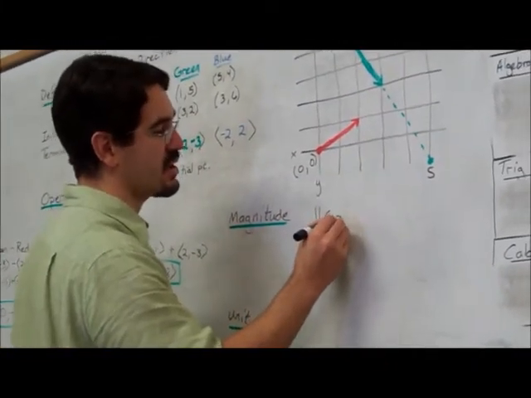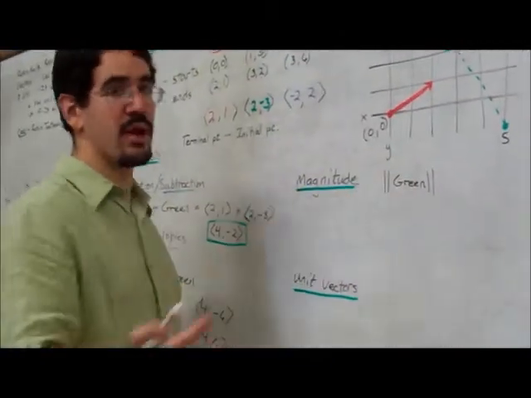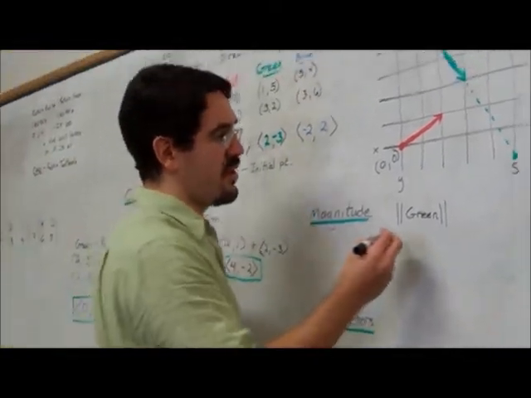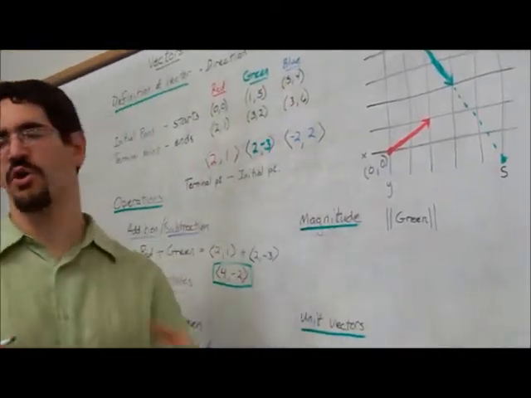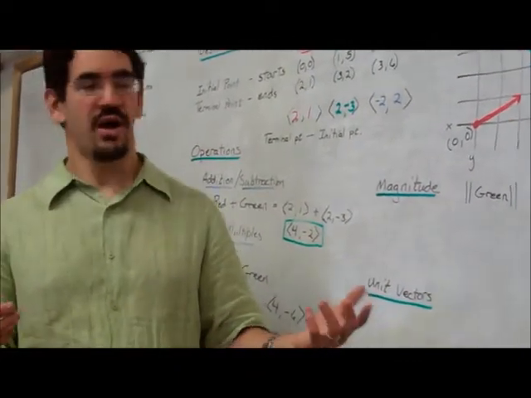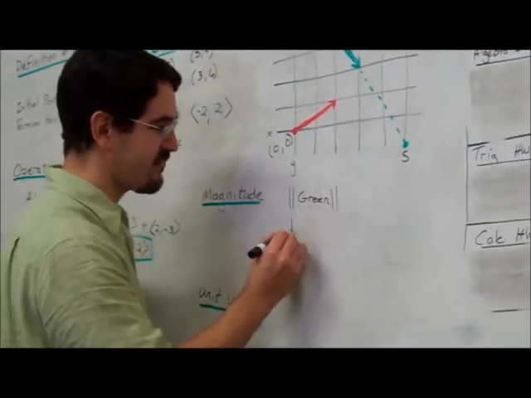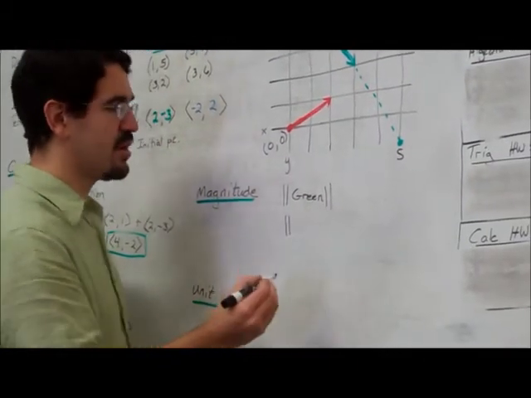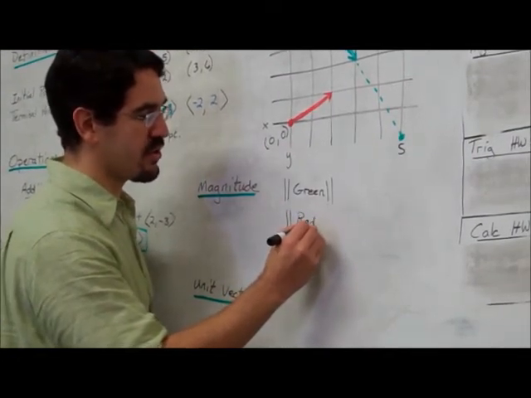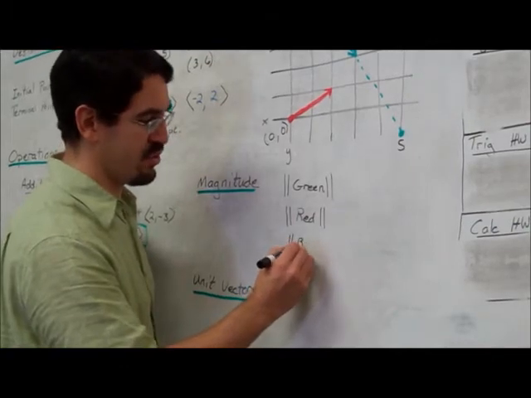Magnitude of the green, and they'll put it in a double absolute value symbol. It's not really an absolute value, but it sort of is. My calculus professor basically called it an absolute value. I didn't find that to be the most helpful way to think about it, but we could also talk about the magnitude of the red vector and the magnitude of the blue vector.